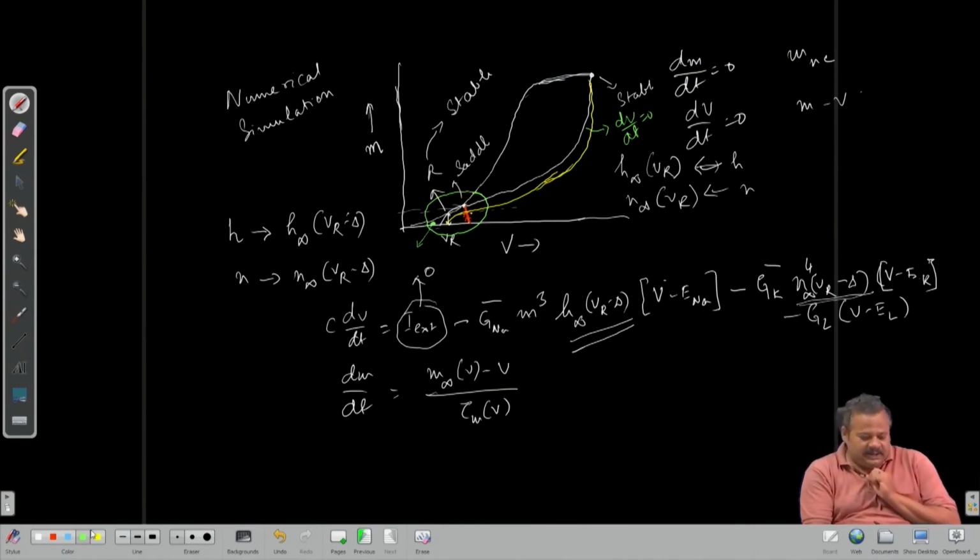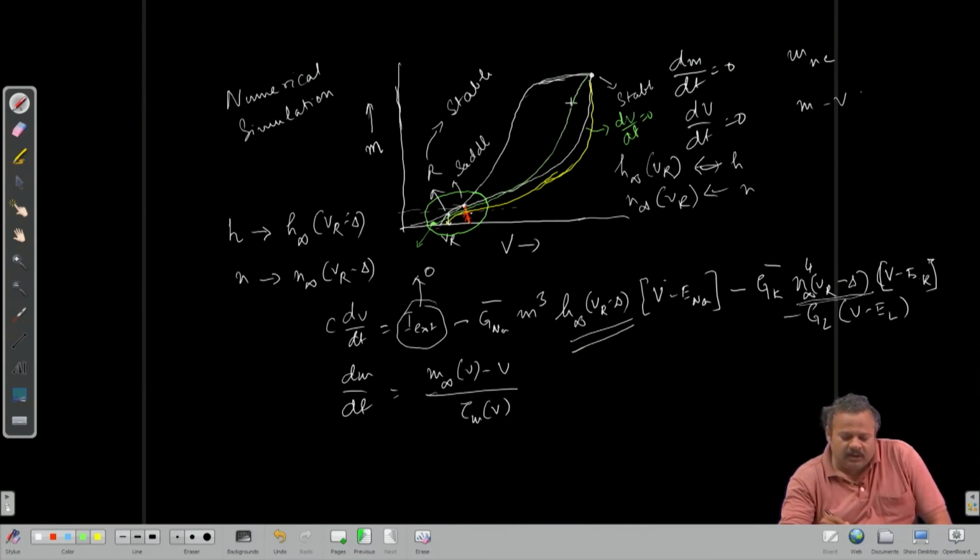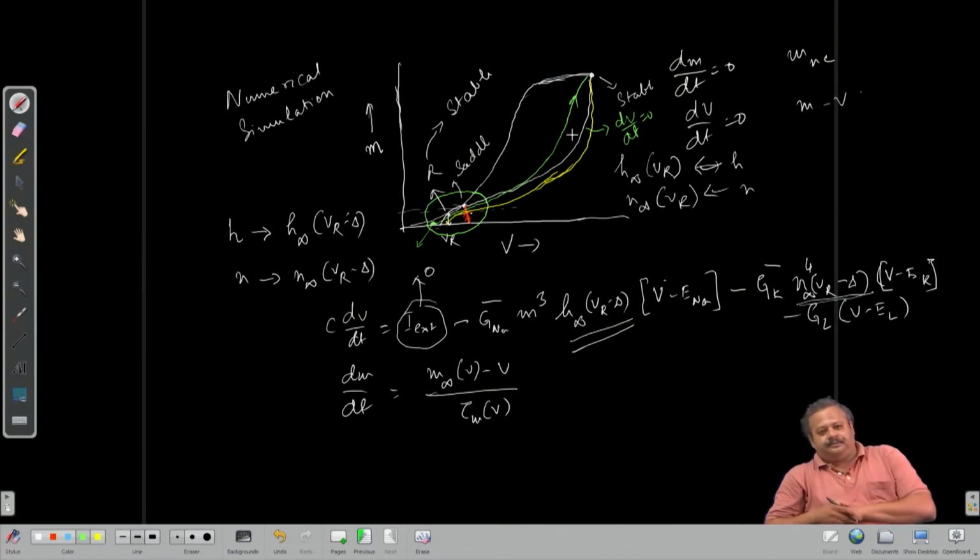The system follows along this route and goes up to this particular stable node, because that is the only stable node present and the direction of flow will take it there. That is essentially m reaching up to +1, which is basically the upstroke of the action potential that we are seeing here.